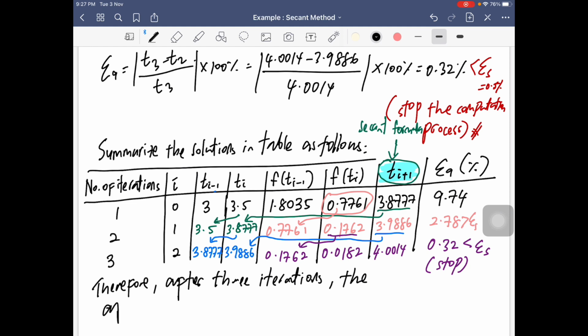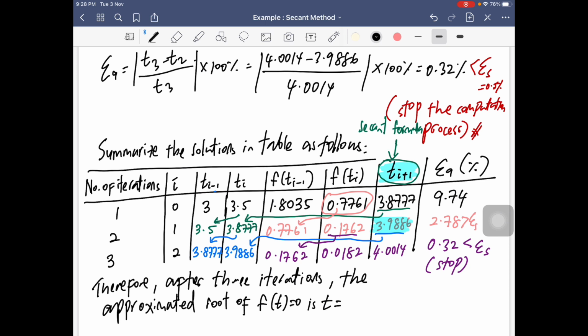the approximated root of fx equal to 0, sorry, it's not fx because we talk about ft, so I write this as ft equal to 0, is t equal to, which one is your solution? Okay, which one is your root? Look here, this value here.